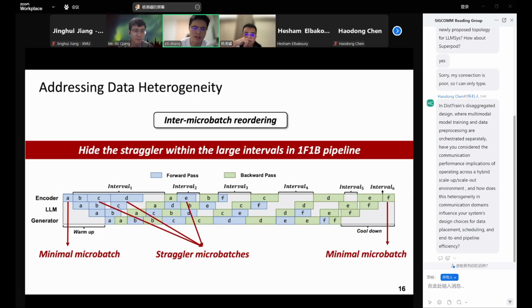So in such a scenario, in IO systems, this design eliminates the long tail problem. Maybe in other systems there exist some designs, but in DistTrain, we do not break the training semantics. Okay, I see.